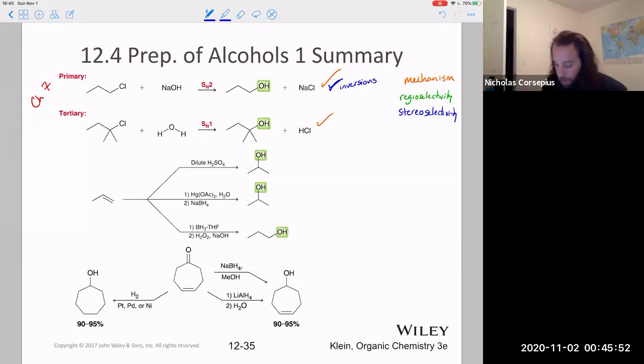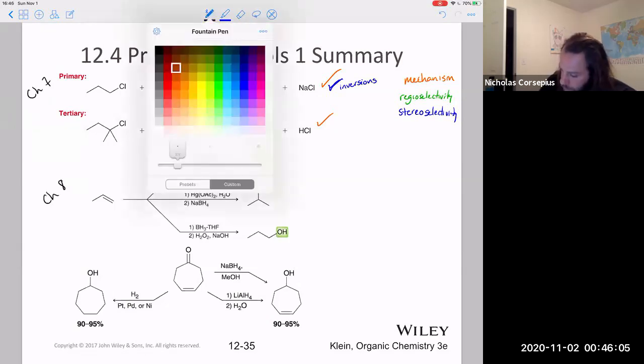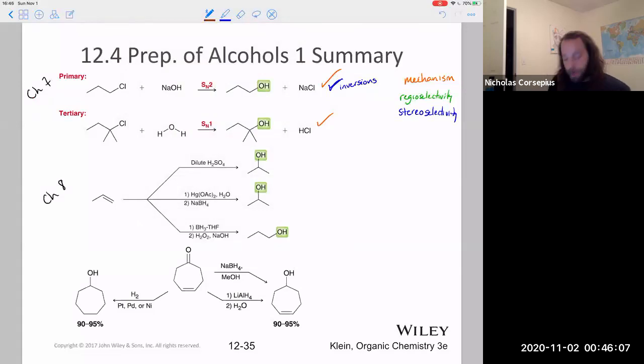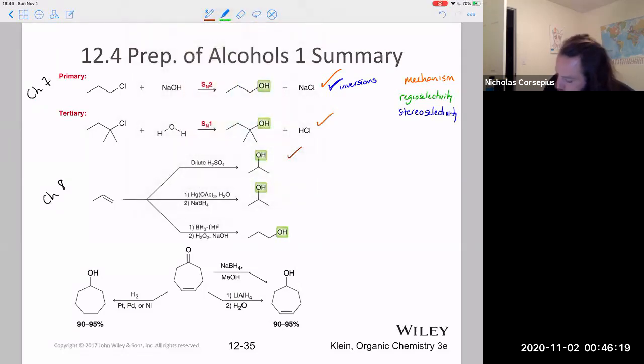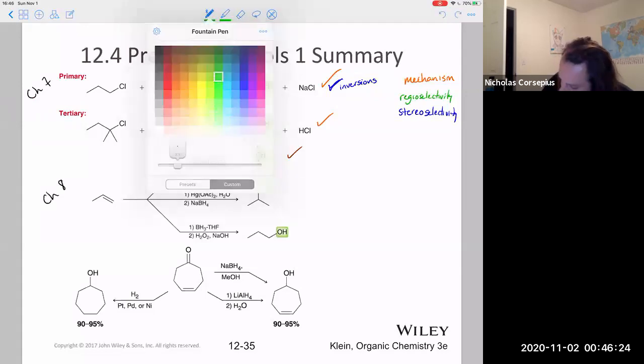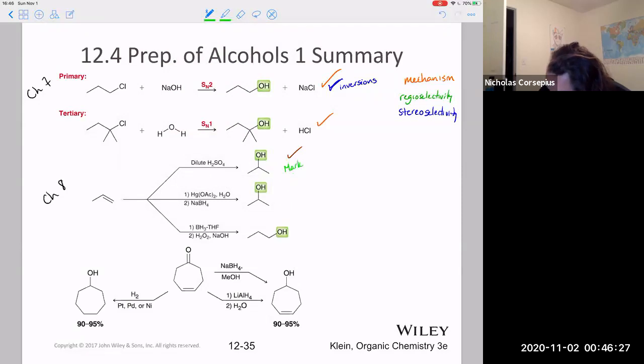Okay. When we go to our alkenes, we learned about alkenes in chapter 8. We had three different methods to prepare alcohols from them. In terms of the dilute sulfuric acid method, again, you should know the mechanism for that. These are the acid catalyzed hydration reactions. In terms of regioselectivity, yes, these are Markovnikov.